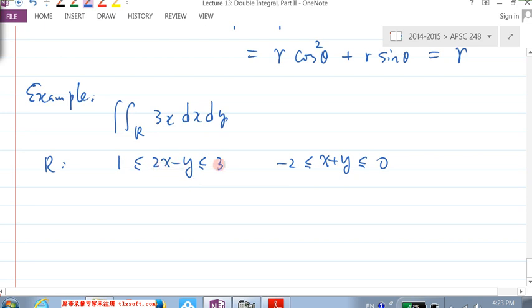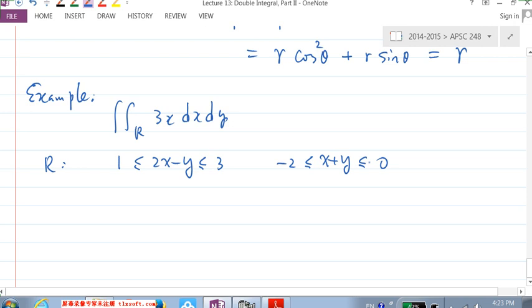So what does this mean? If I get rid of the inequality signs, 2x minus y equal to 3 is a straight line, and this one equal to 1 is another straight line. So there are two straight lines, and you're looking for the region between them. And here another two straight lines, and you're looking for the region between those two. So altogether, R is bounded by four lines.